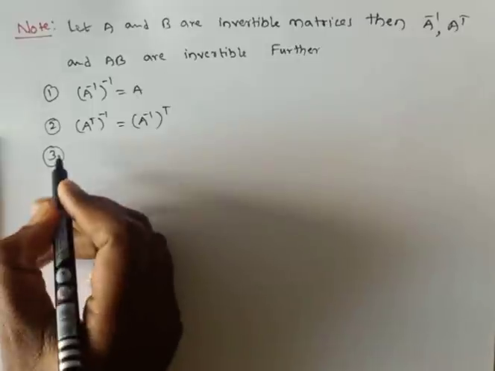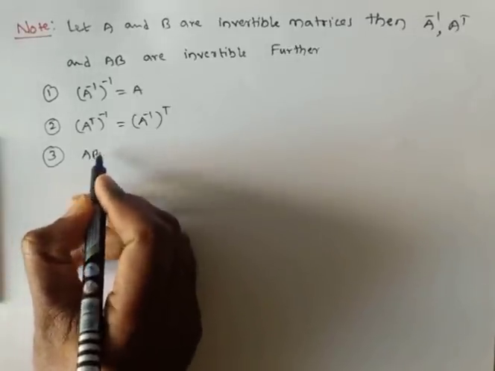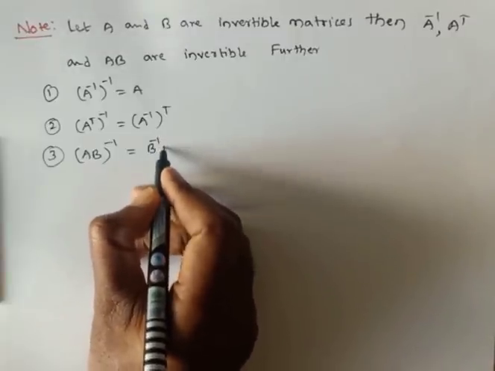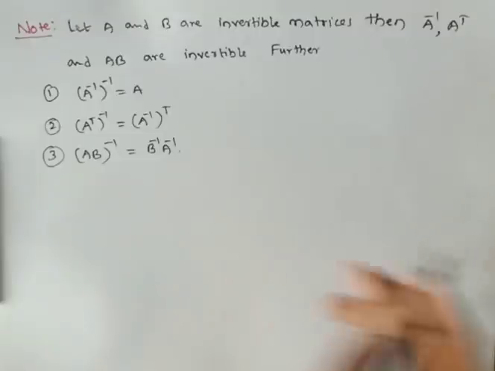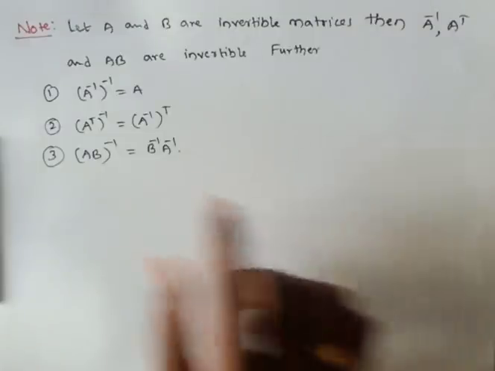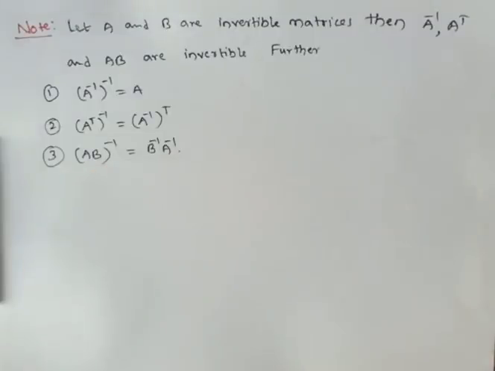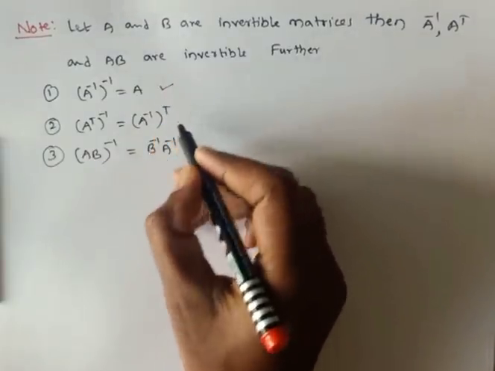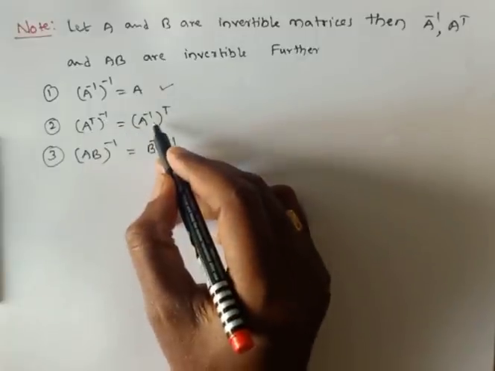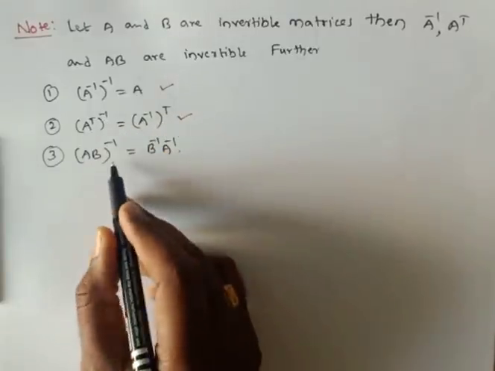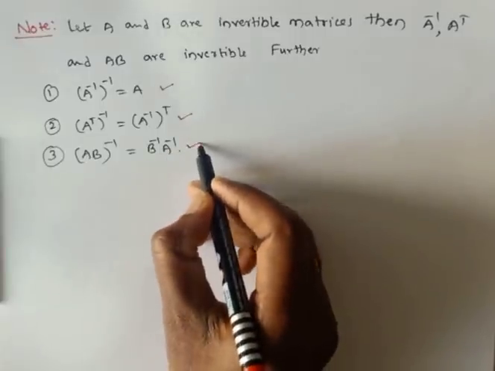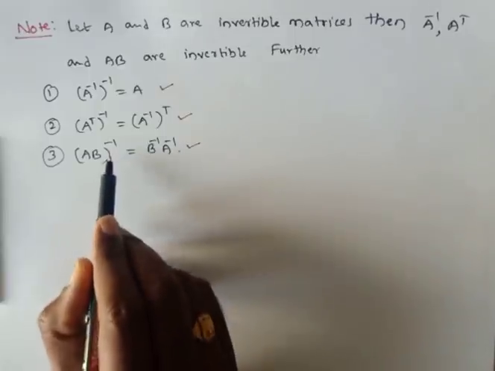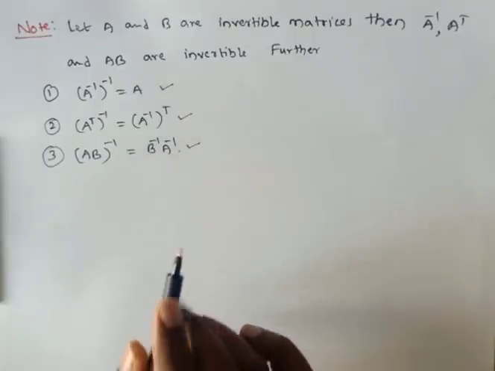And third one, A into B whole inverse is B inverse into A inverse. So this is again a reversal law. A inverse whole inverse is A, A transpose whole inverse is A inverse whole transpose. AB whole inverse is somewhat different: it is B inverse into A inverse, not A inverse into B inverse. So AB whole inverse is B inverse into A inverse.